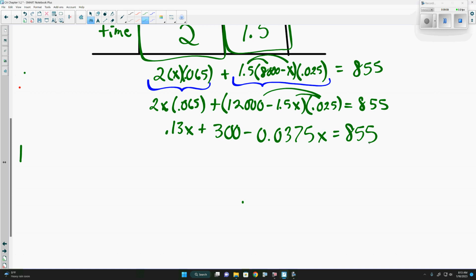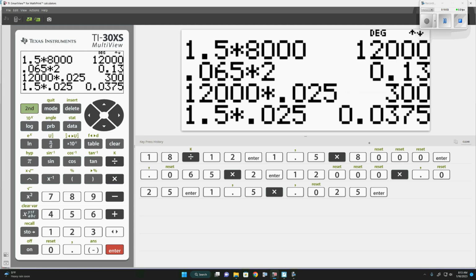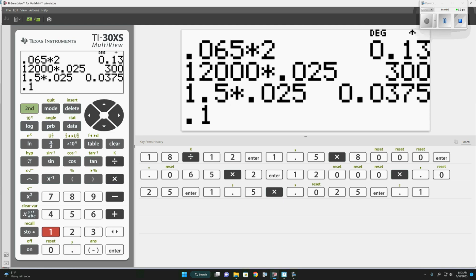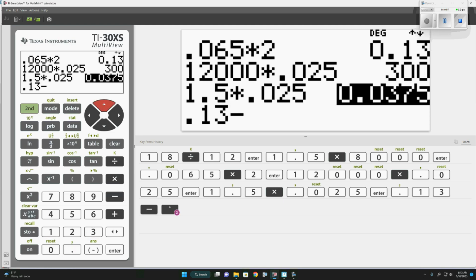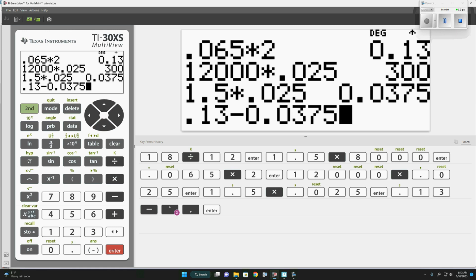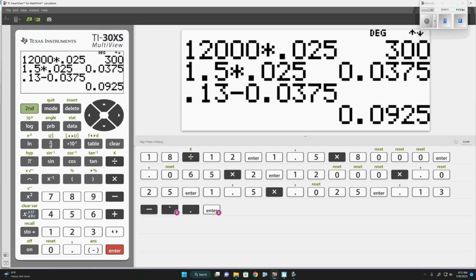Now we can combine like terms. So in the calculator we can say 0.13 minus 0.0375, which gives us 0.0925.